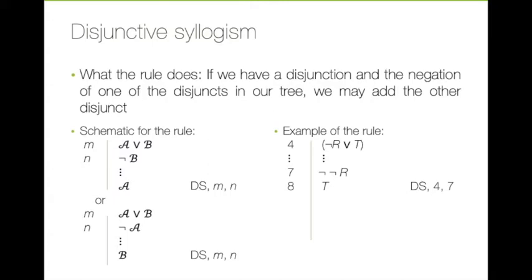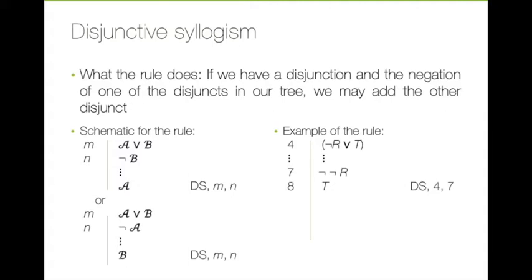We've got our example to the right with part of a proof, and we see it starting at line 4 with the disjunction. Line 7 has the negation of the first disjunct, not R. Since we have a disjunction, not R or T, and the negation of that first disjunct at line 7, we can add the other disjunct T on a new line, here line 8.